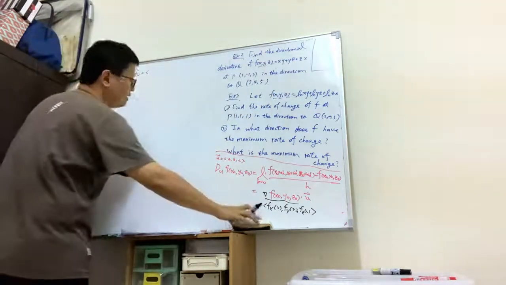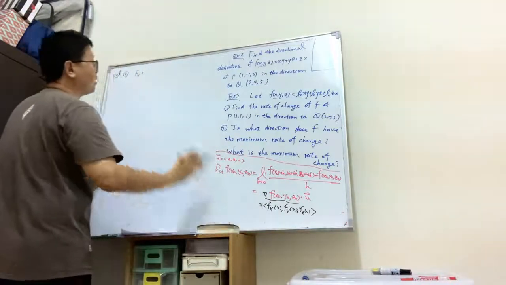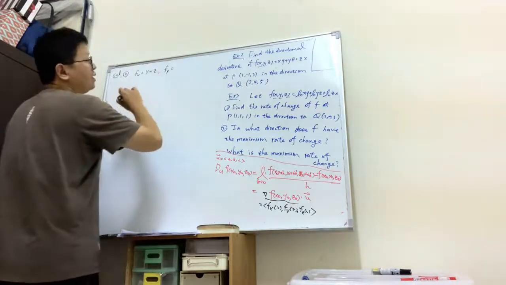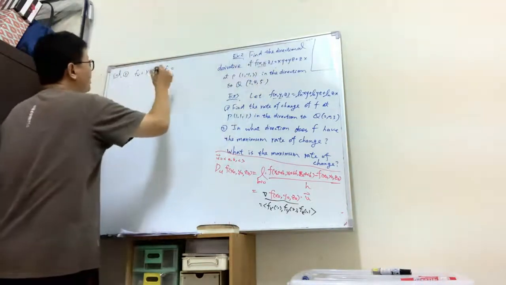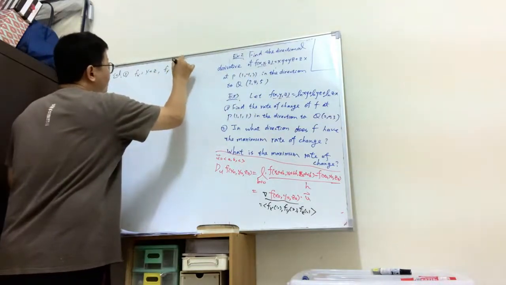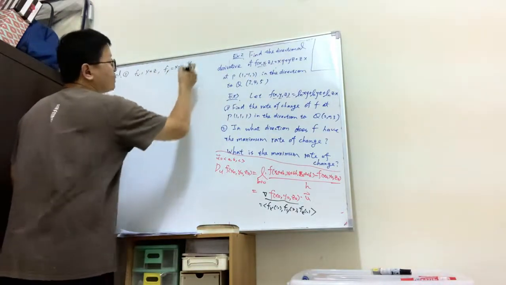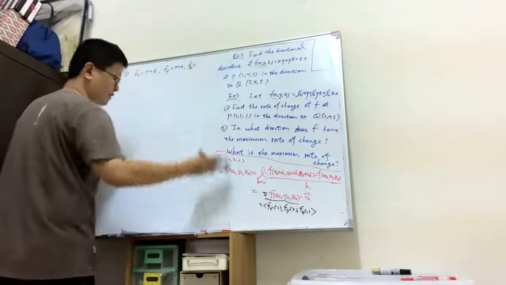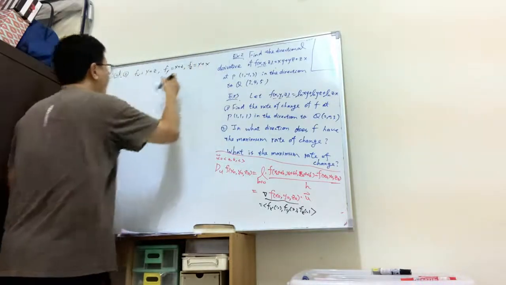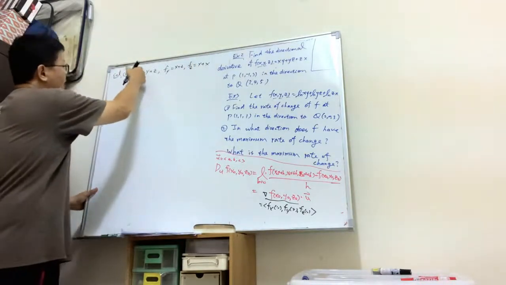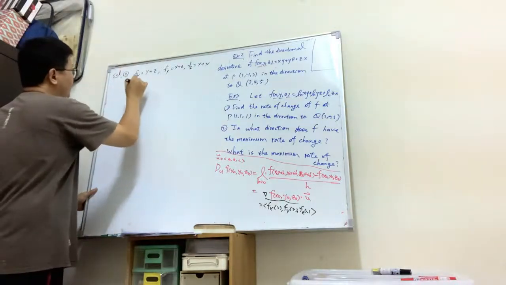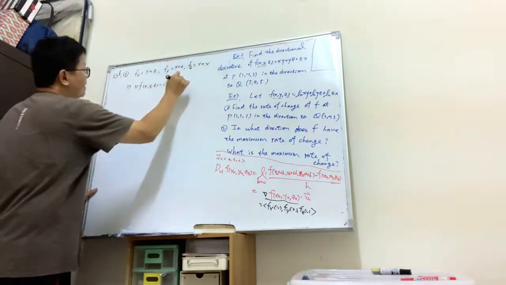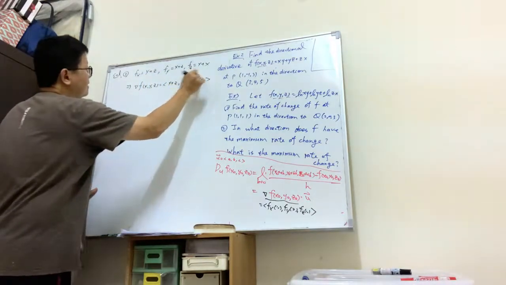So it becomes y plus z. Probably we have seen this function before. And here it is x plus z. And for z, it becomes x plus y. So the gradient of f(x, y, z) is (y plus z, x plus z, x plus y) plus the exponential term.